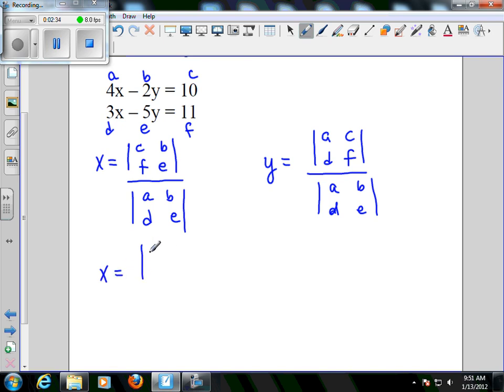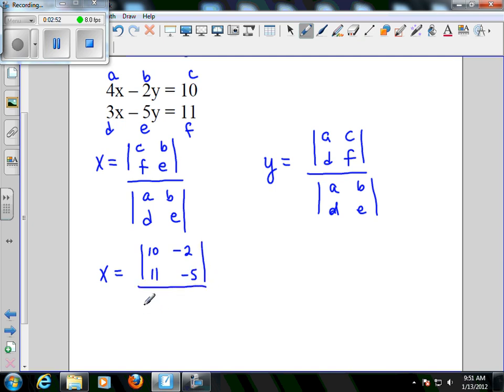So we are going to have 10 for C, -2 for B, 11 for F, and -5 for E.